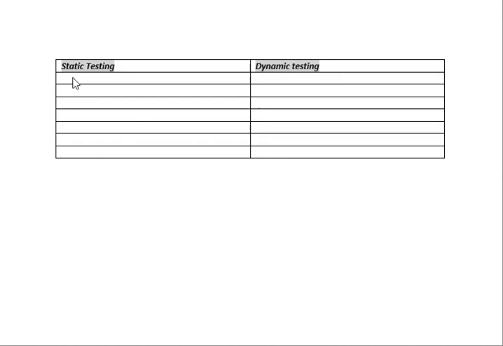What we understand with static testing is, static means something which is not running, or which is not in a running state, or which is not being executed. From the word static we can analyze that something is not running or not moving, while in the case of dynamic, something is moving, something is running.